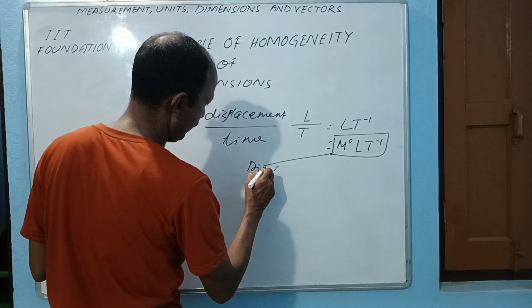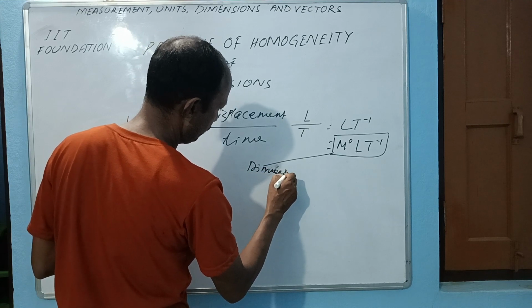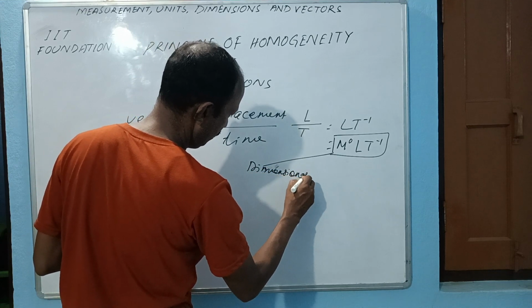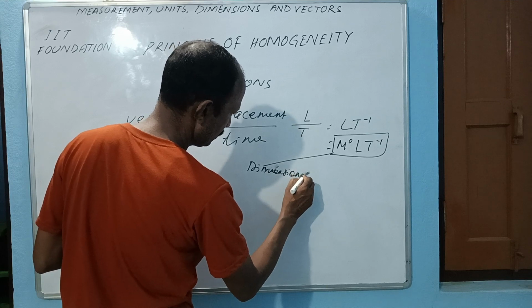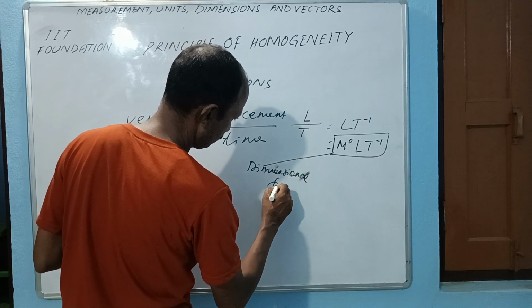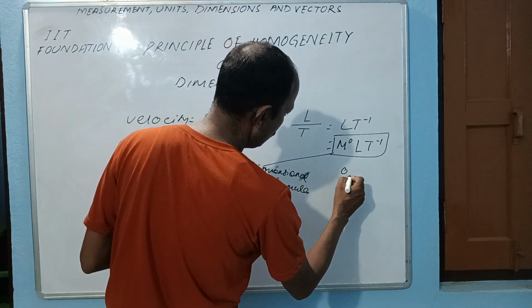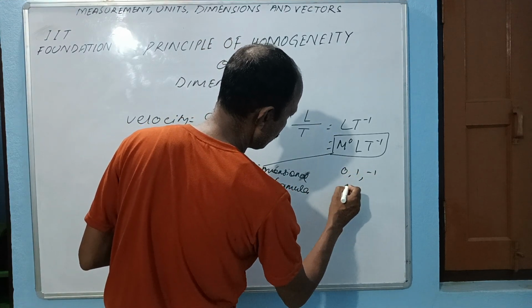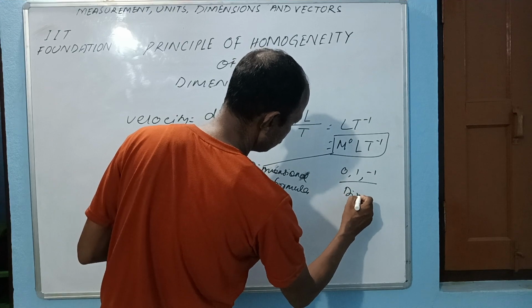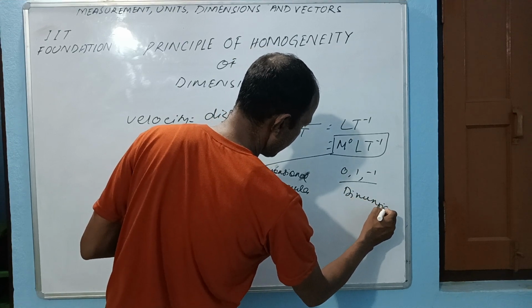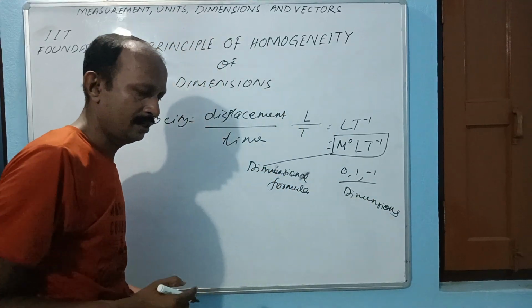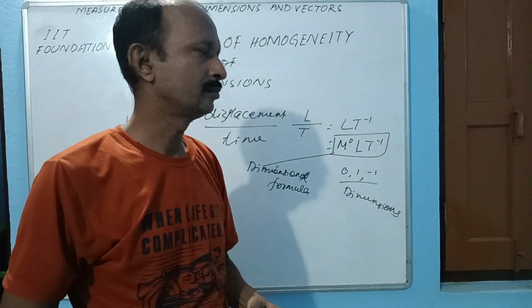I explained last class, just reminding. Dimensional formula, and 0, 1, minus 1, this is dimensions. Okay, last video I explained.